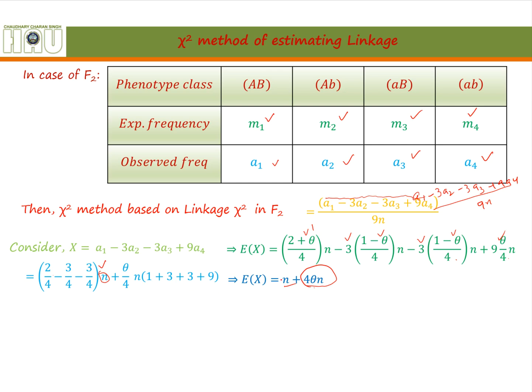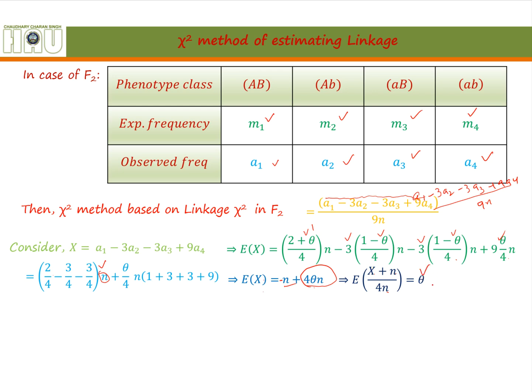So the expected value of x plus n equals 4 theta n. Because if I take n this side and divide by 4n, then it becomes theta.